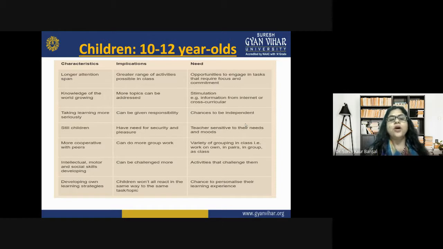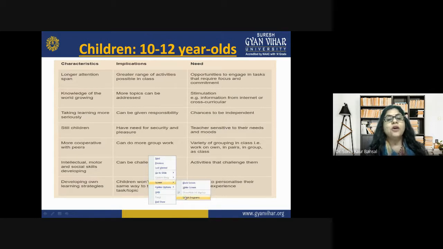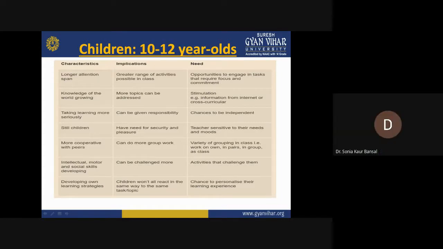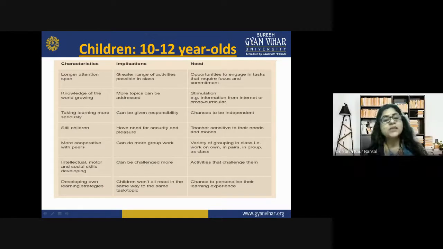So more cooperative with peers, the peer group is also very important at this stage. The children who are more and more with the peer group are supposed to be more interactive and more helpful towards others. So this is how the more cooperative peer group is seen among the students.